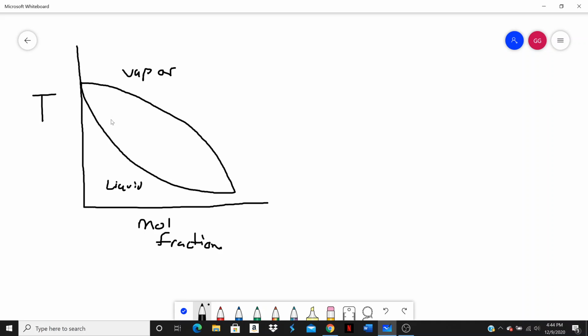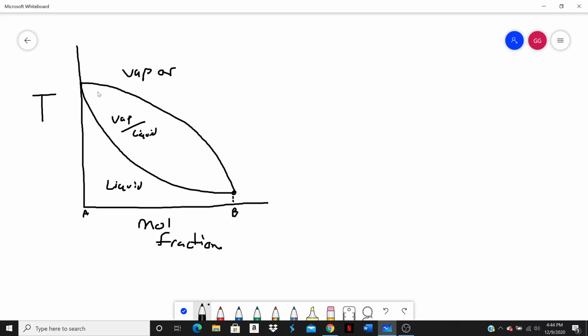And then, as we've explained in the past two parts, anything in this section is going to be a mixture of vapor to liquid. And for reference, this is in between points A and B, where A and B are the saturation temperatures.